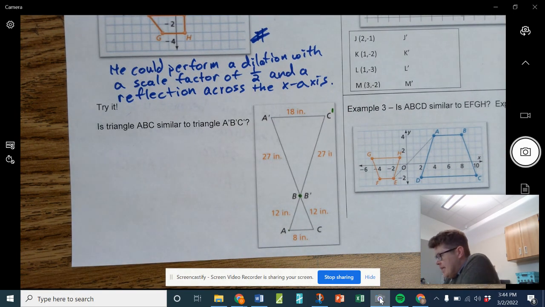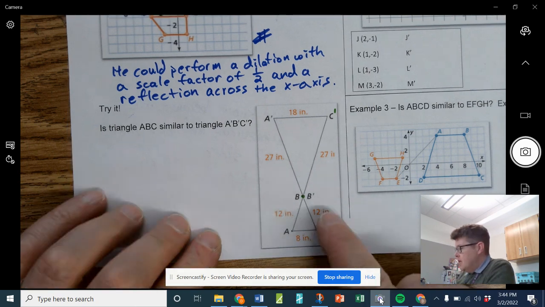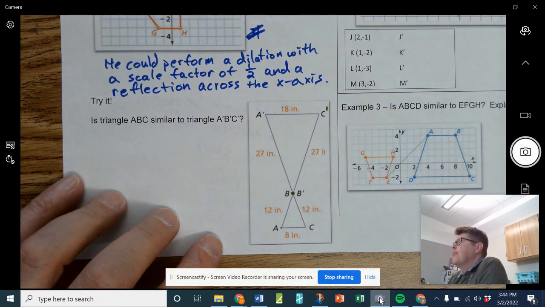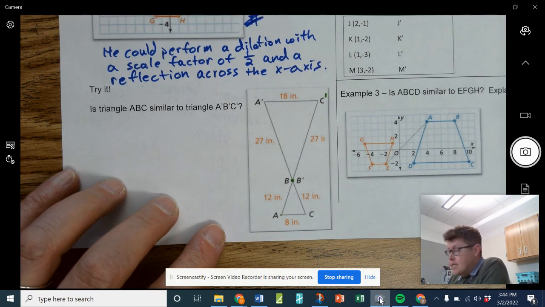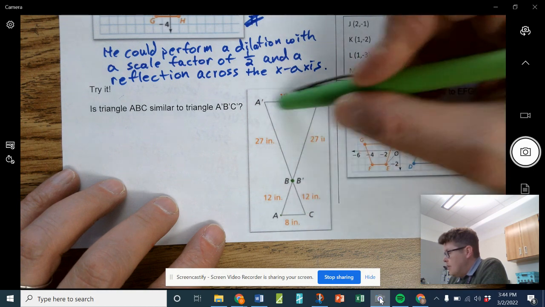So what we can do is set up a series of ratios to see if we get the same number. And if we get the same number, that's the scale factor that you multiply by to get from one to the other, right? So from the small one to the big one. We know that it's an enlargement because we're going from the original, the pre-image, to a larger image.